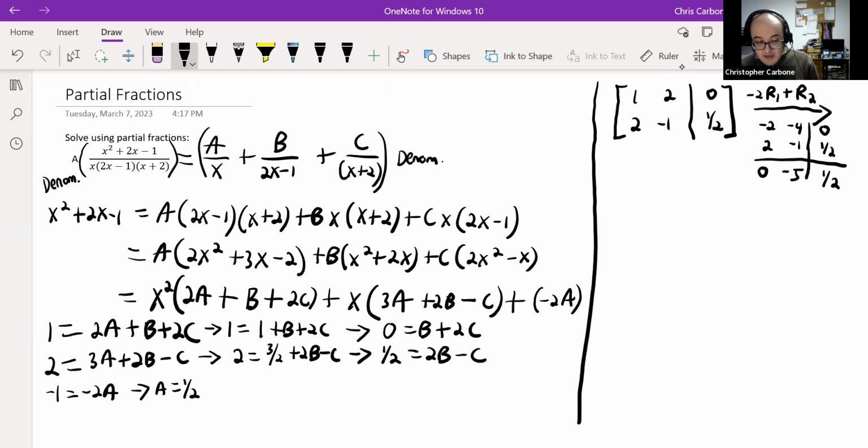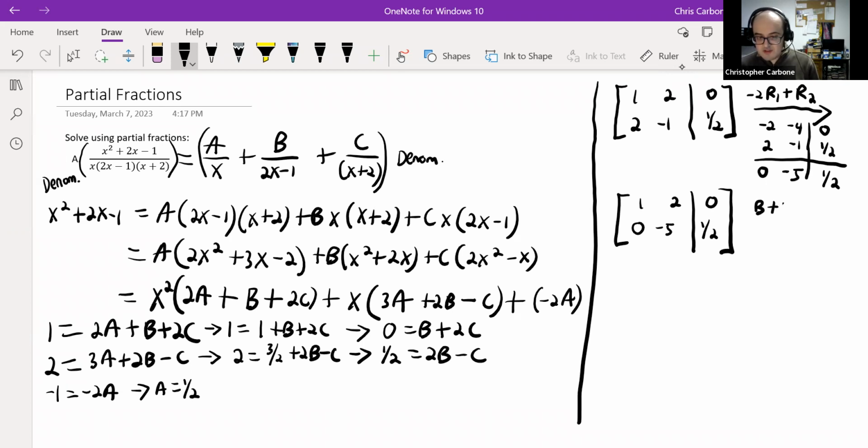So that would then give our new matrix: the top row stays the same, 1, 2, and 0. Bottom row becomes 0, -5, and 1/2.